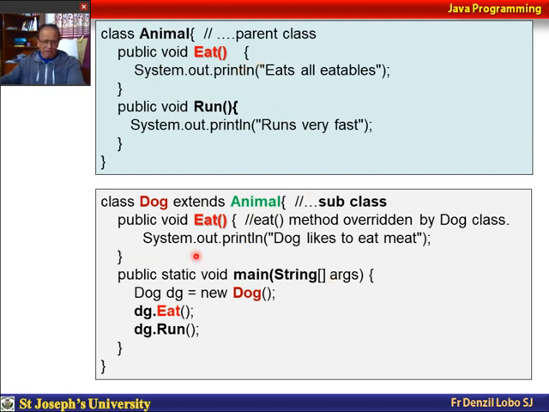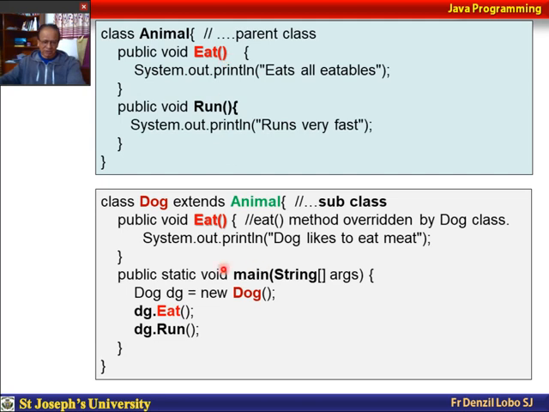Then I have got one more method. As you see here, eat. These two eats are very different. Dog likes to eat meat, this refers to Dog. This refers to Animal. But here, this is the method which overrides the parent class method eat.